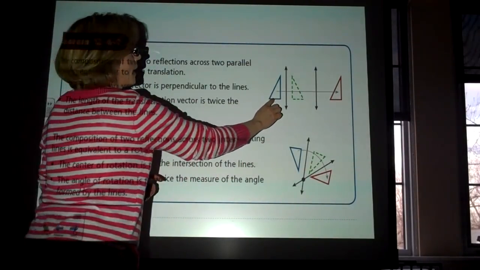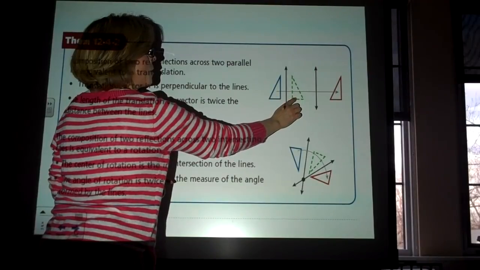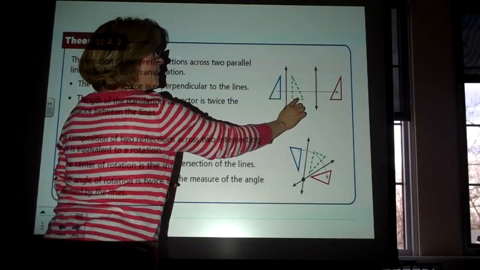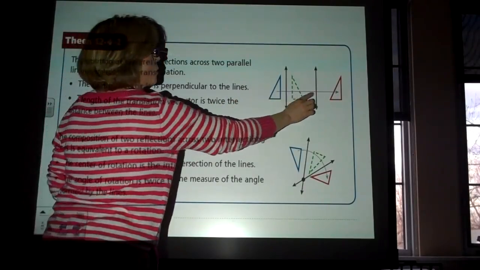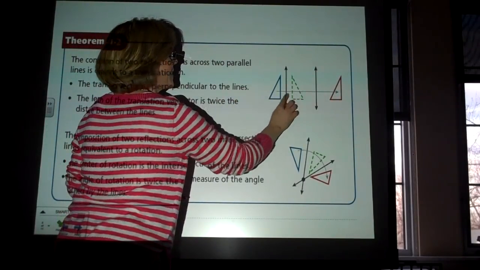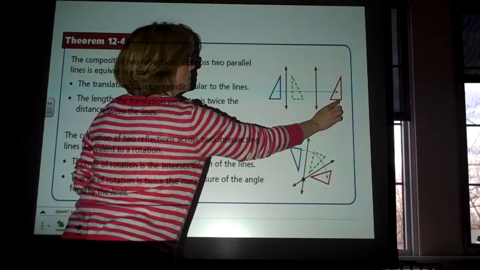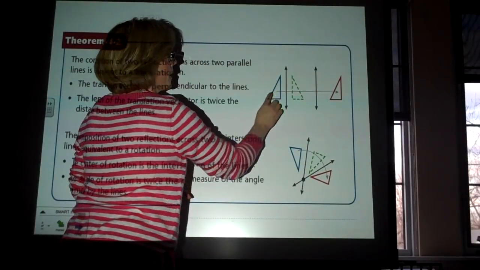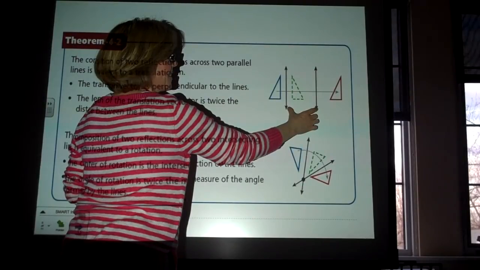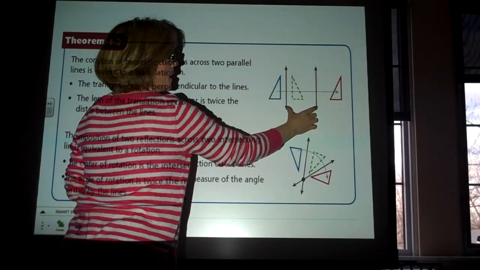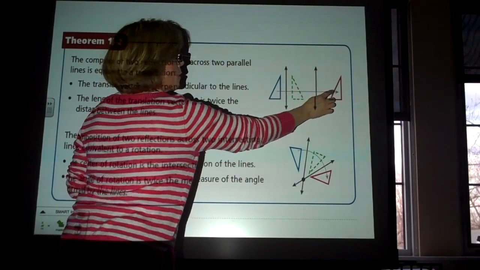So I reflected the pre-image to the image, then I reflected this to the red triangle. And when you go from the blue to the red, what it actually is is a translation across this vector here. And the measurement of this vector is the distance between the two parallel lines doubled. So you take this measurement and double it, and you'll get the measure of the vector.